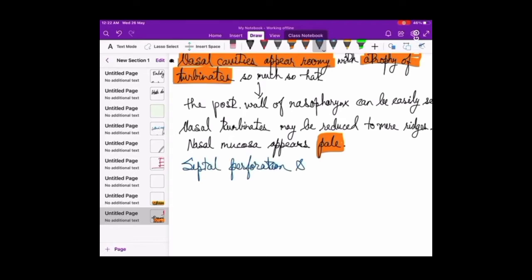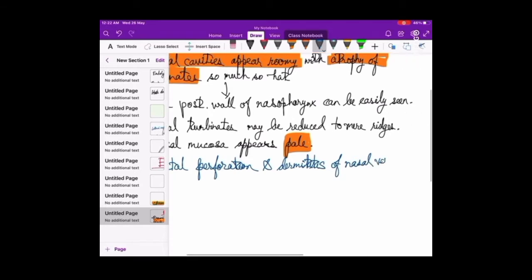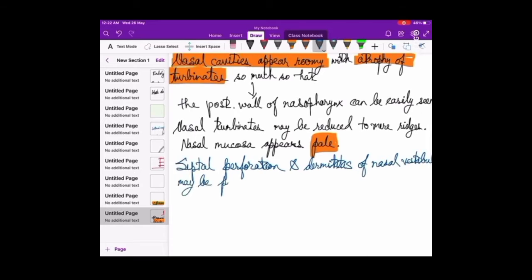Septal perforation and dermatitis of the nasal vestibule may be present. The nose may show nasal deformity.